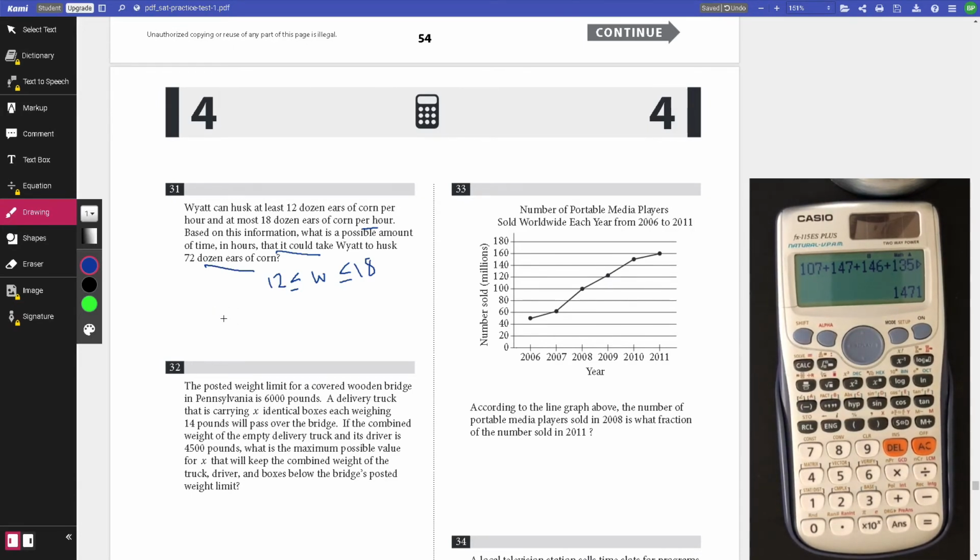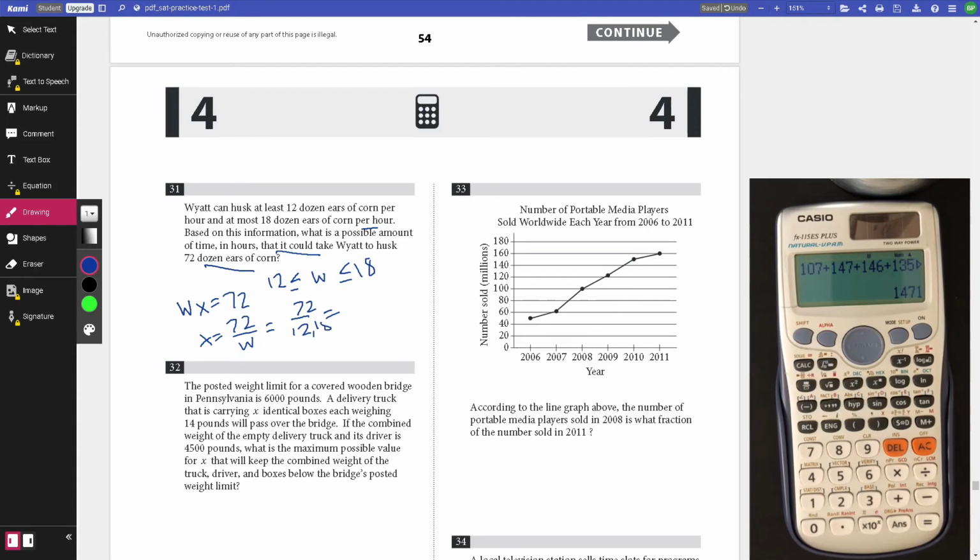Well, we have this equation here, W times X equals 72, where W is the number of corn he can husk per hour, and X is the number of hours. And so we can see that X is equal to 72 over W, equal to this thing.